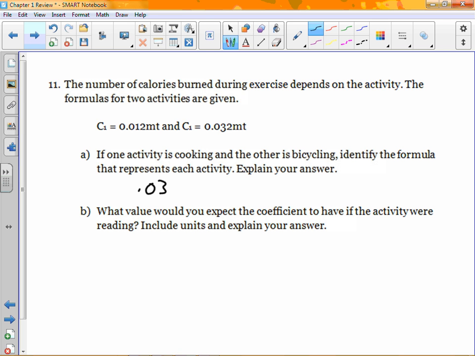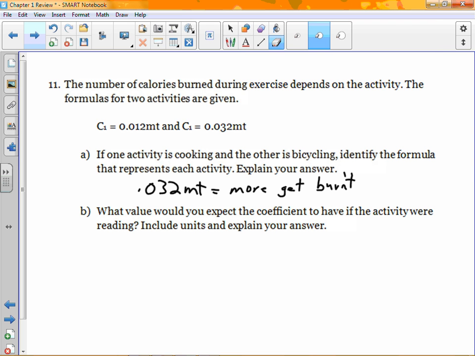0.032, I think, would be bicycling. Which is going to burn more calories, bicycling or cooking? Yeah, you got to think. So that's where more calories get burnt here, because 0.032 is greater than 0.012.